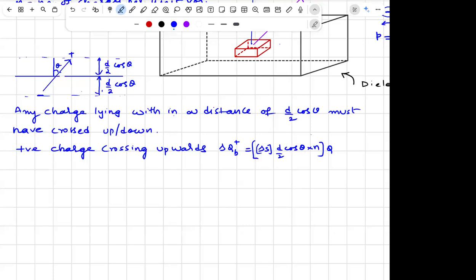Any doubts? Similarly, the negative charge crosses downwards.